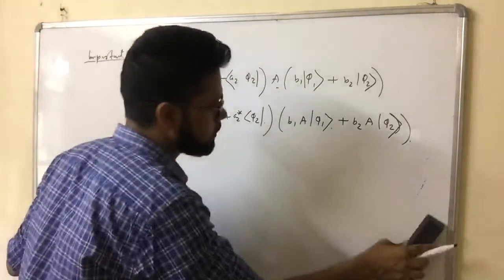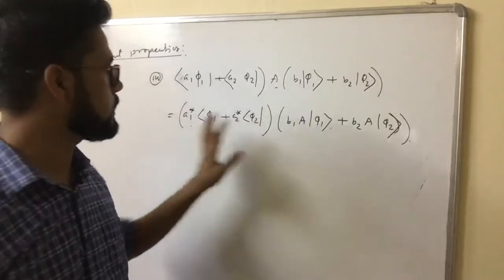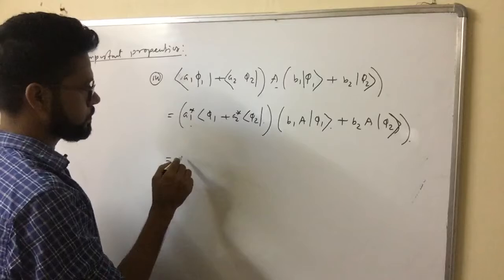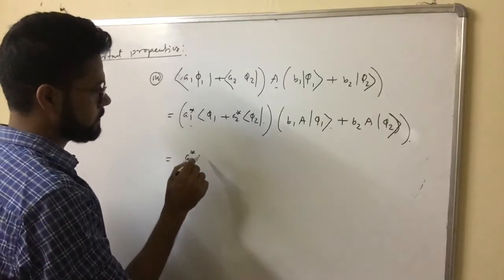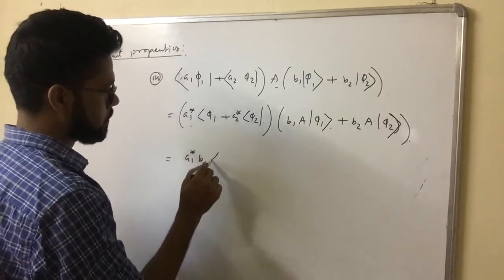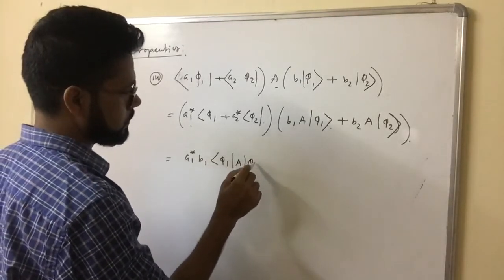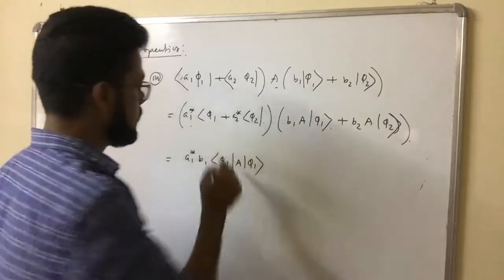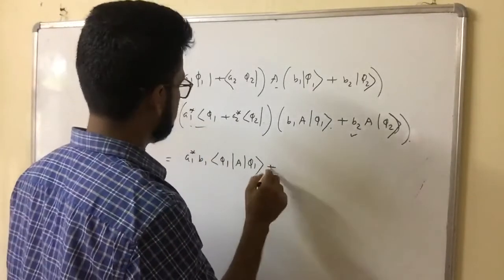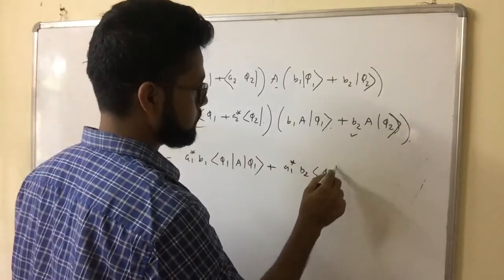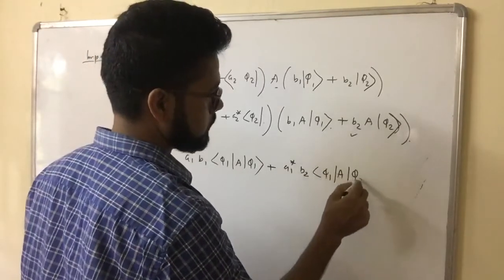Clear? Now you take the normal product. This part with this part will give a1 star b1, phi 1 with operator A phi 1. Similarly, this part with this part, a1 star b2, phi 1 A phi 2.